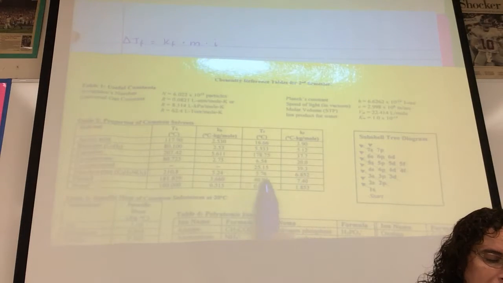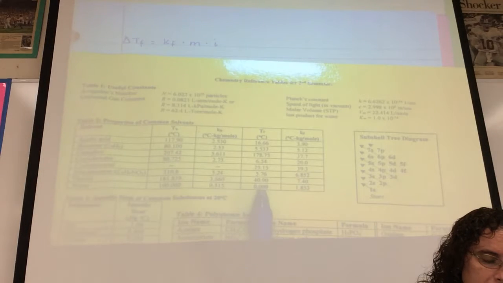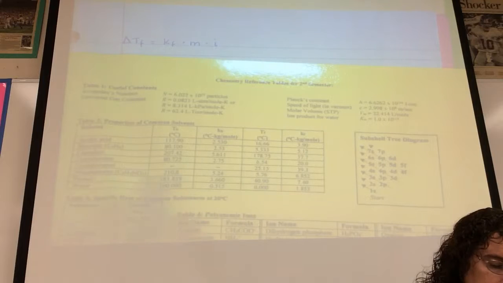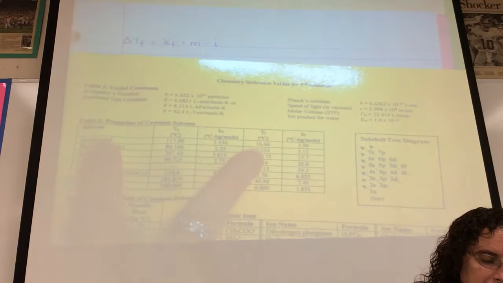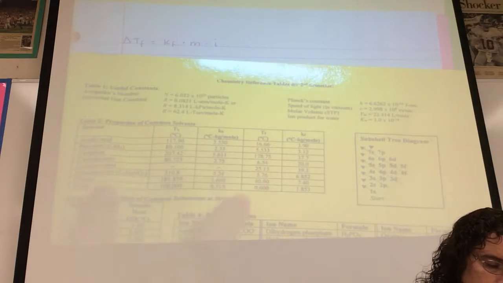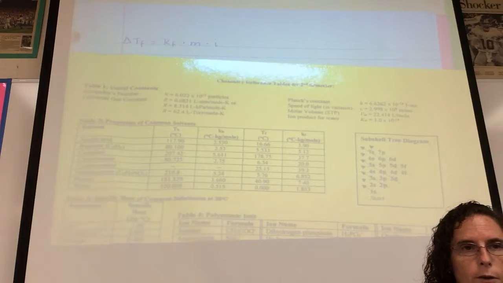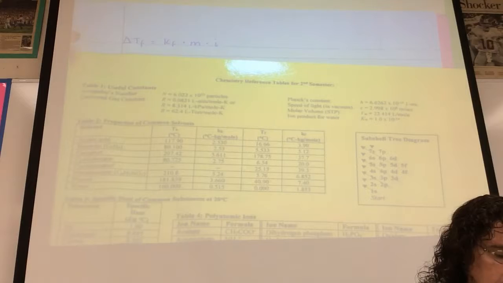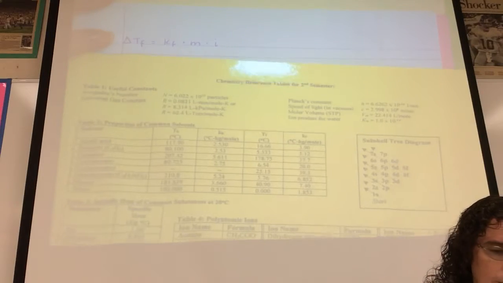Your freezing points of the solvents are indicated in this column. Acetic acid freezes at 16.66 degrees Celsius. We know water freezes at 0 degrees Celsius. So one key difference between freezing point depression and boiling point elevation is this first formula where you are using KF.